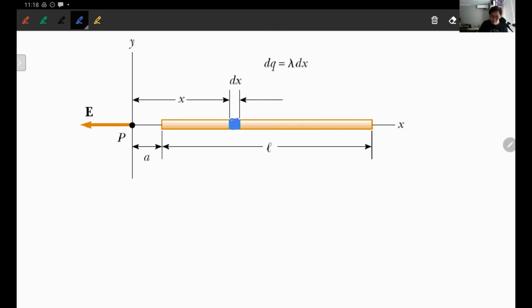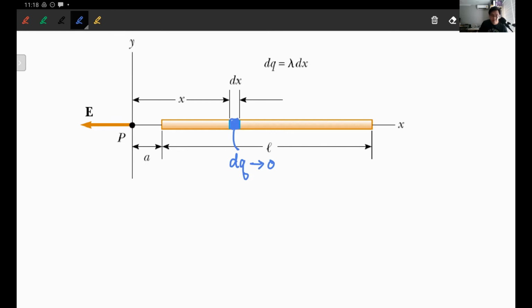So the amount of charge in here is going to be super small, but it's not zero. It's close. Let's call the amount of charge in there some differential of Q, dq. Mini, super small Q. Okay?